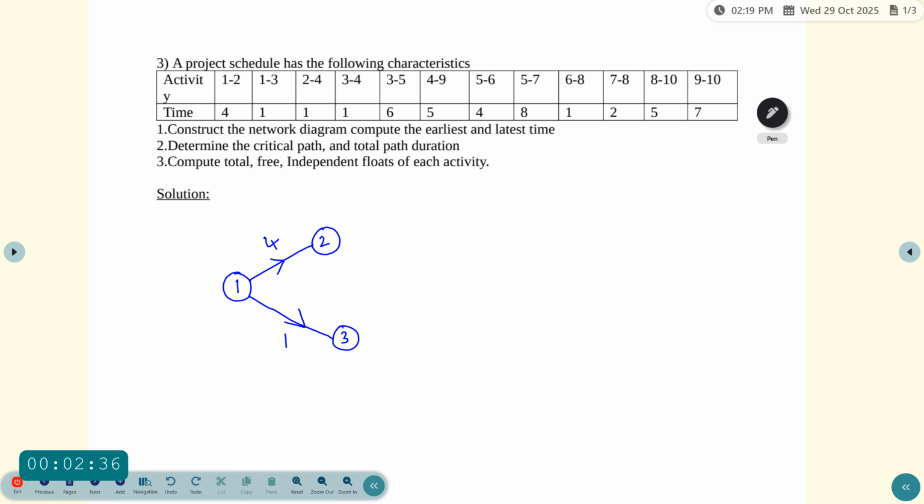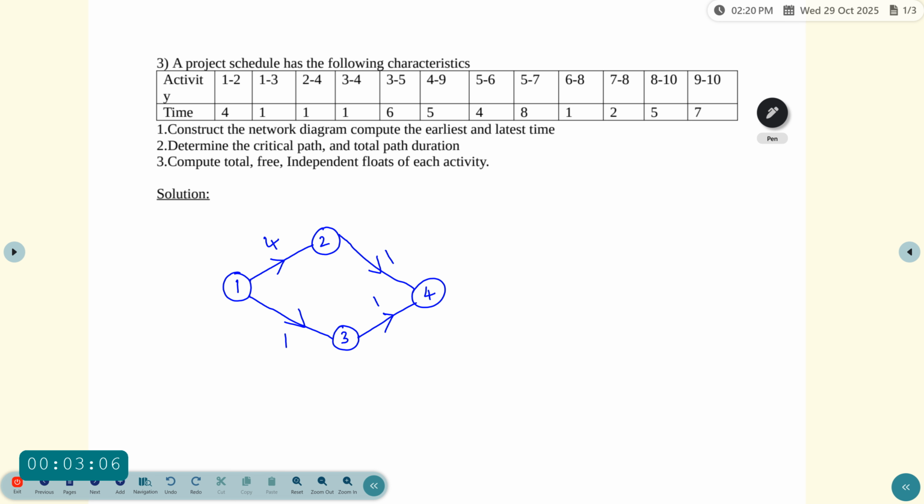Similarly, the next activity is 2 to 4: 2 is the starting event, ending at event 4, and the duration is 1. Then another activity is 3 to 4. 3 is already there, connected with 4, and the duration is 1.